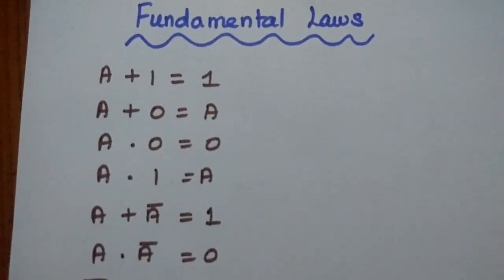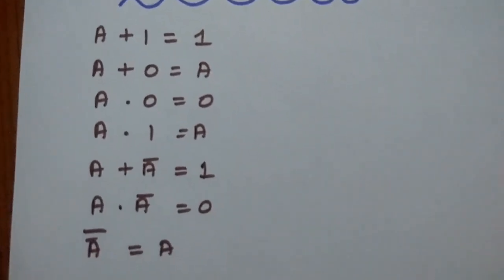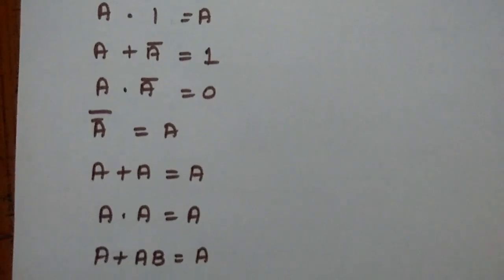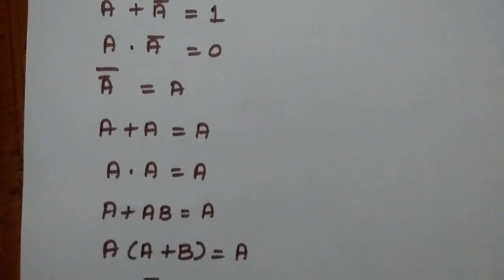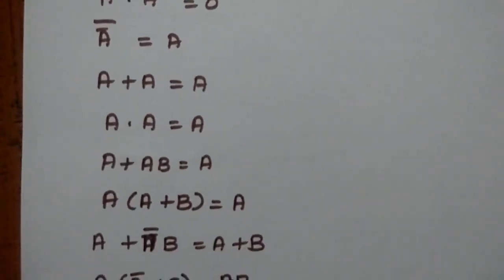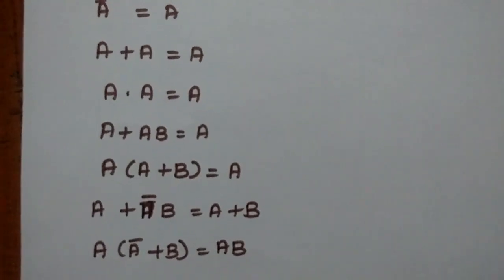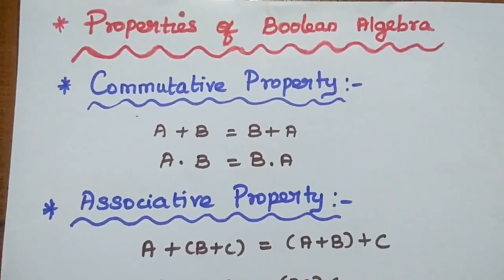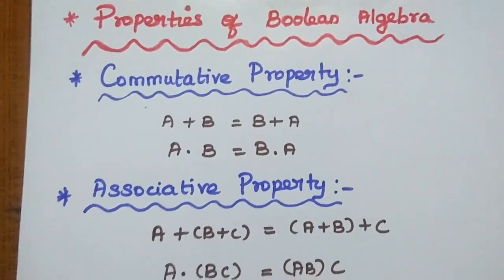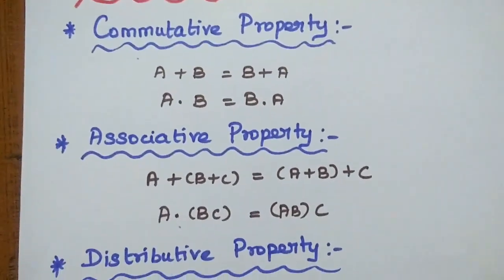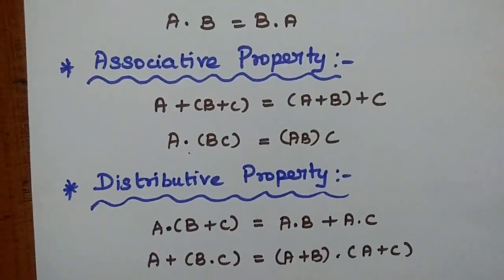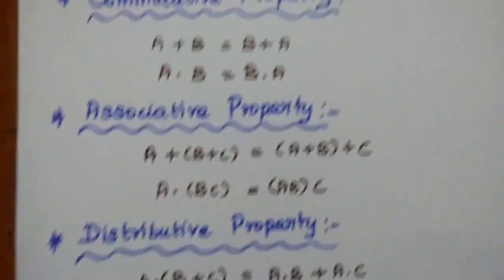These all are the fundamental laws of Boolean algebra. By using these laws, we can easily analyze and simplify any complicated digital logic circuits. So next one is properties of Boolean algebra. Boolean algebra satisfies three properties: commutative property, associative property and distributive property.